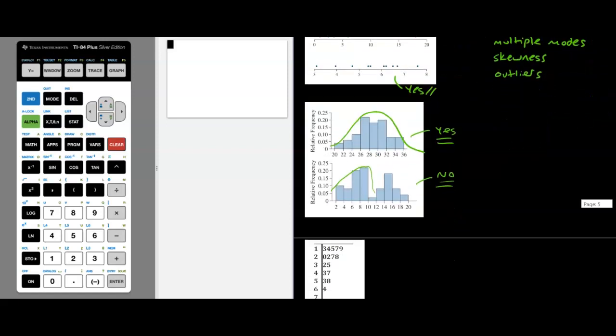Okay, let's take a look at a couple of other examples. So here are some other images that we've worked with in the past. We've talked about stem and leaf plots, and we've also looked at box plots. When you take a look at this stem and leaf plot, you can see that there's naturally a certain level of skewness to this.